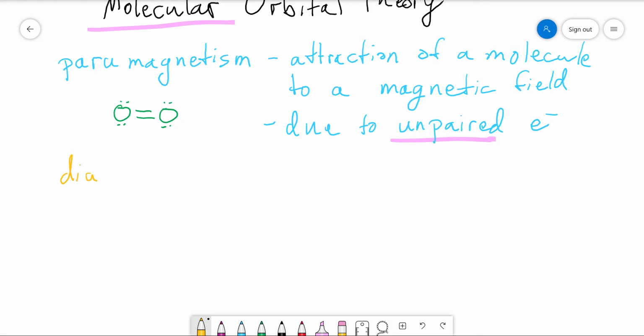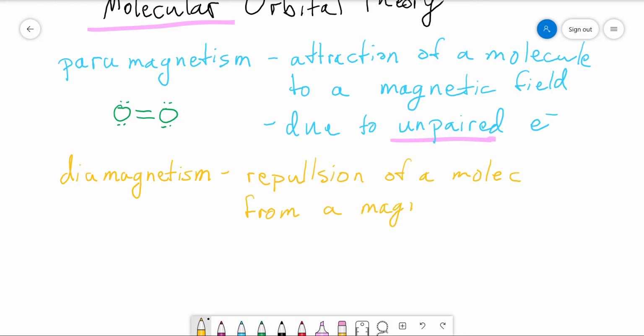The opposite of paramagnetism is diamagnetism. Okay, this is a repulsion of a molecule from a magnetic field. And again, very weak.